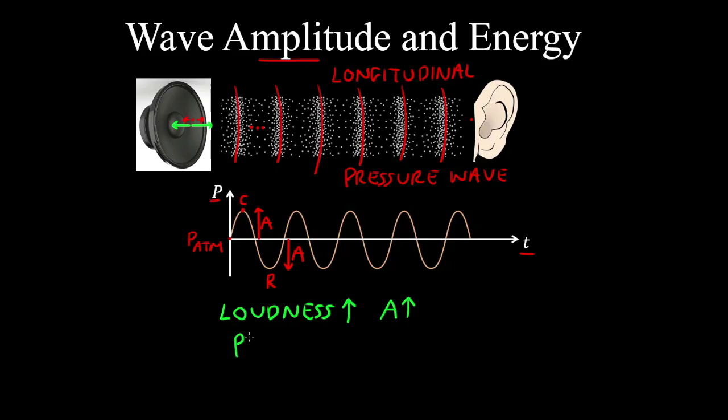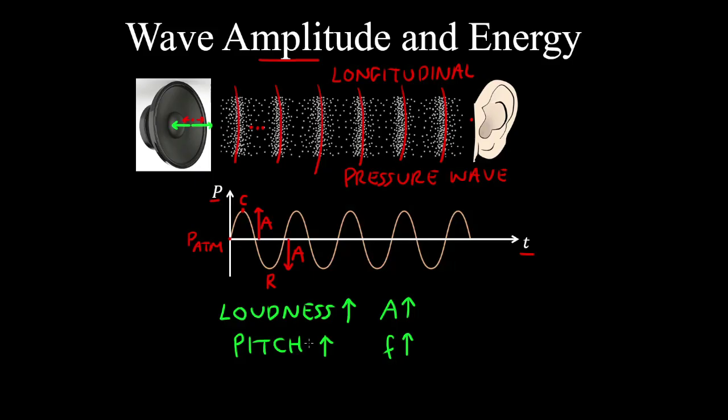On the other hand, the pitch of the sound increases with frequency. If the diaphragm of this speaker oscillates back and forth faster, then we get a higher pitch. For example, and for a lower frequency, the pitch decreases, which will sound something like this.